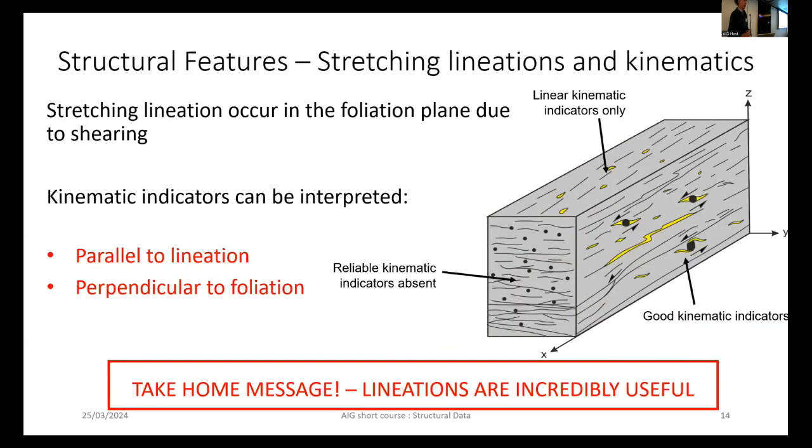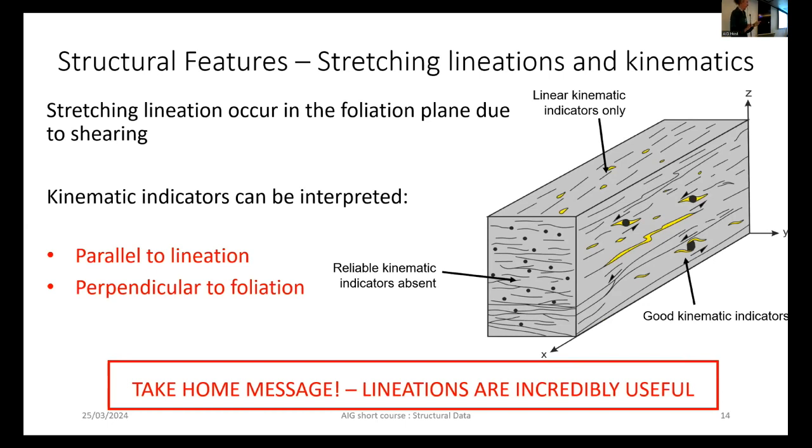Another reason why lineations are incredibly important is because the moment you start dealing with sense of movement along shear zones, you do need to know the direction of your stretching lineation before you make that determination. This clearly states you need to be looking at a plane which is parallel to the lineations in it, and is perpendicular to the foliation, the shear foliation that you're looking at.